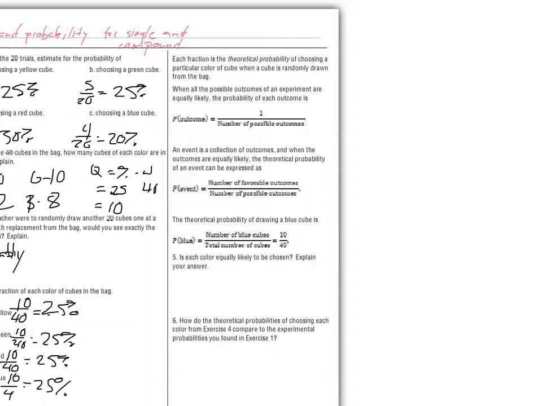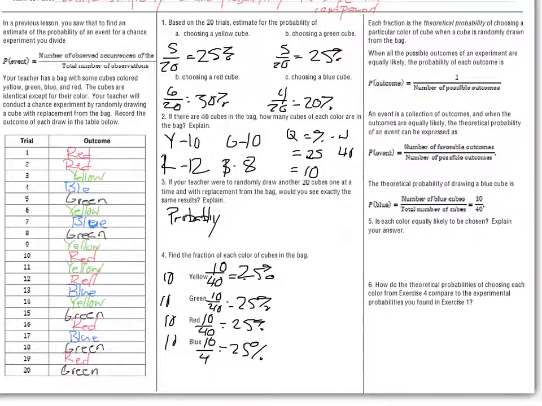So is each color equally likely to be chosen? Explain your answer. So seeing everything that we've seen so far, would you expect that all of our colors are equally likely to be chosen? So what you're thinking about here is that, based on our observational data, it doesn't look like they're meant to be equally chosen because we see one at 20% and one at 30%.